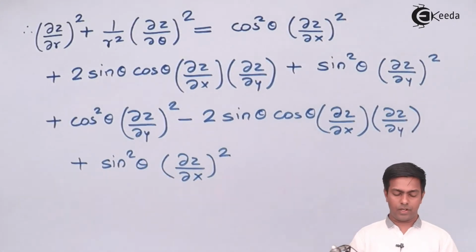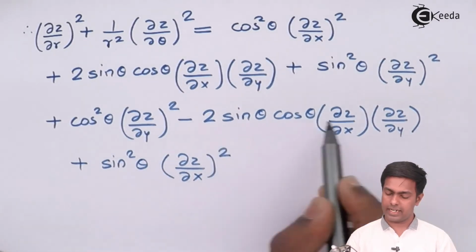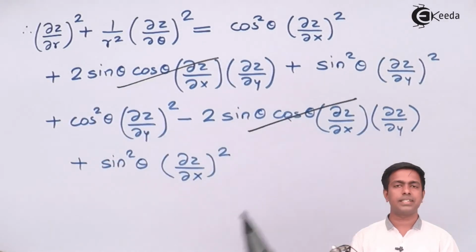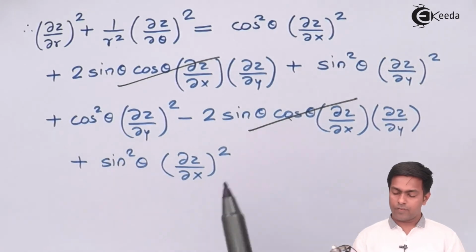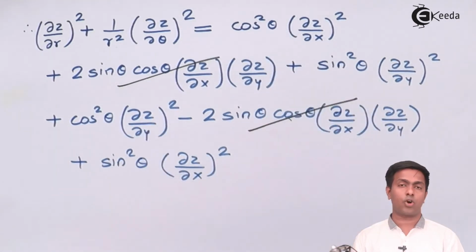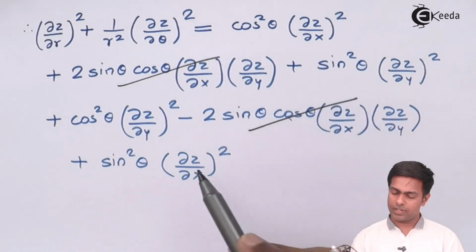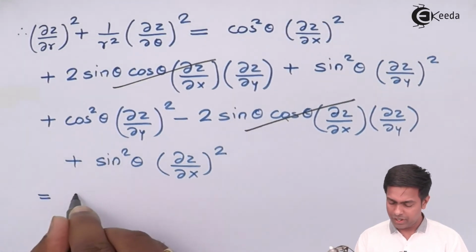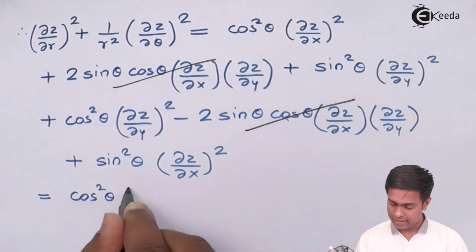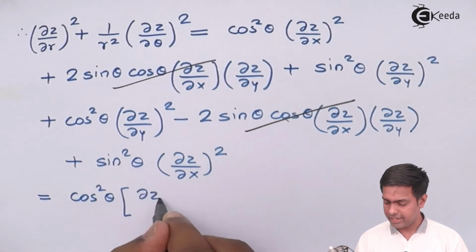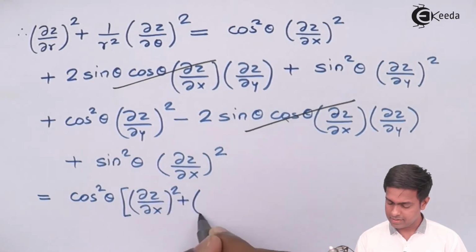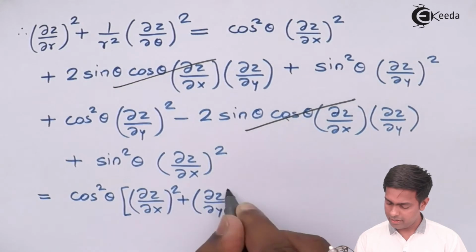Here you can observe that this term is negative and we have the similar term over here which is positive. So we can cancel these two terms, and now from these two terms we can take cos square theta common. Similarly, from these two terms we can take sin square theta common. So let's see what we are getting. Here we'll get cos square theta in bracket del z by del x the whole square plus del z by del y the whole square.